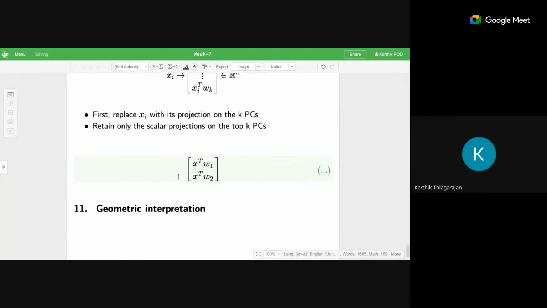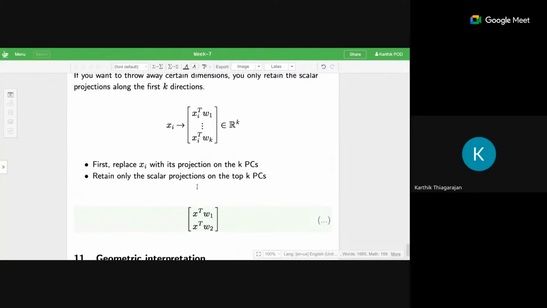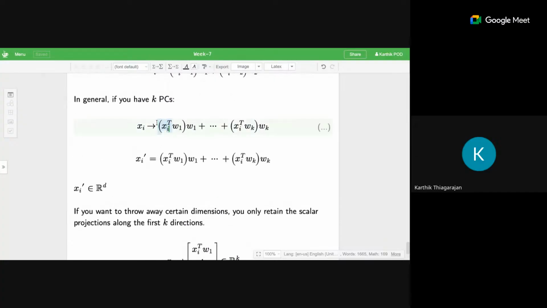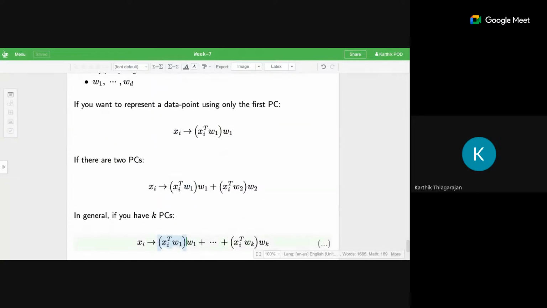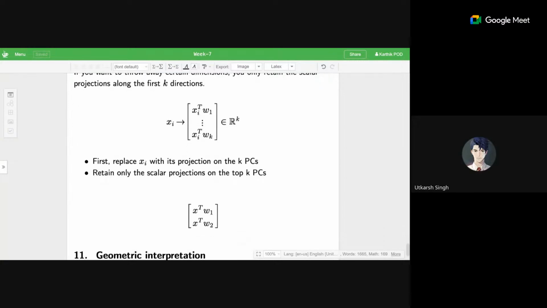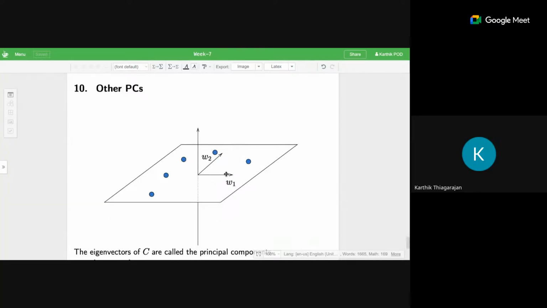For each point, you will have to do this. You're only retaining the coordinates corresponding to the projection. So basically, we are only retaining the coordinates of xi on that plane.